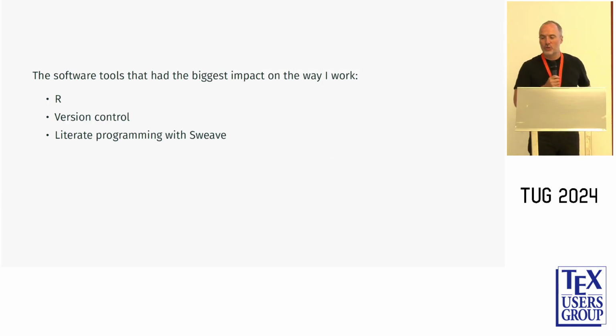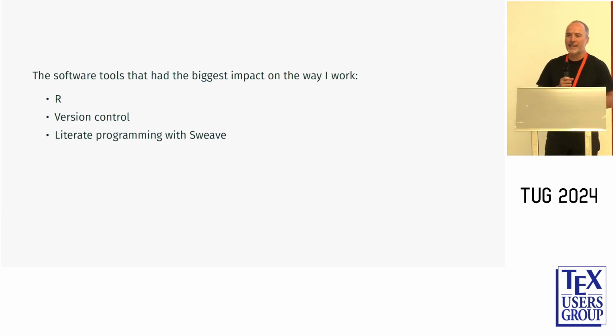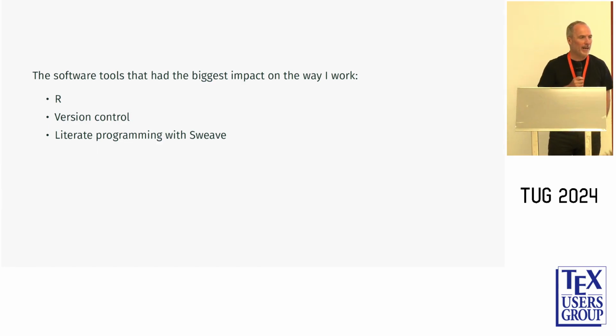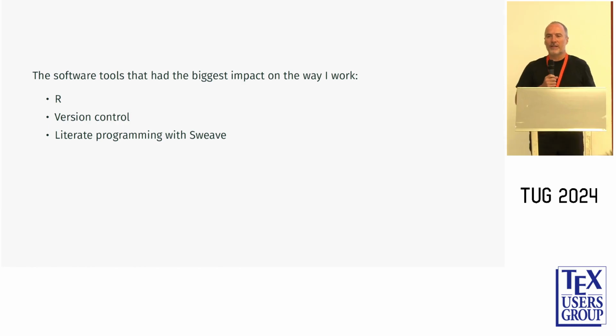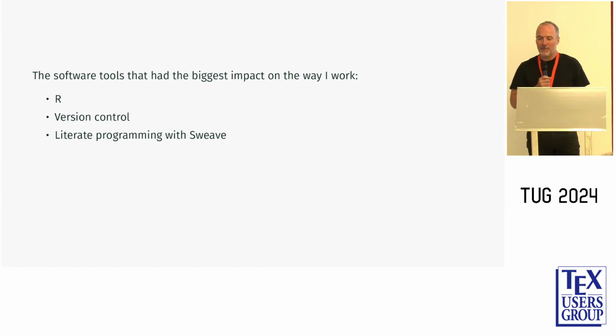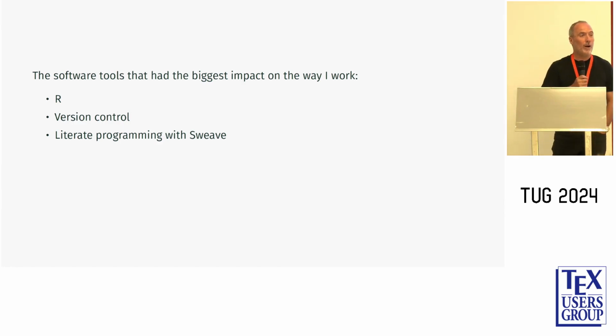The software tools that have had the biggest impact on my work over the last, say, 25 years or so are the following. First is the R programming language. So I'm more of actuarial science is closer to statistics than anything else. And when I started working with R, that's quite a number of years ago.